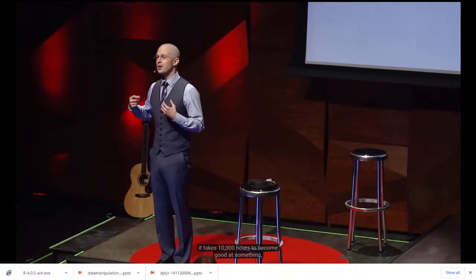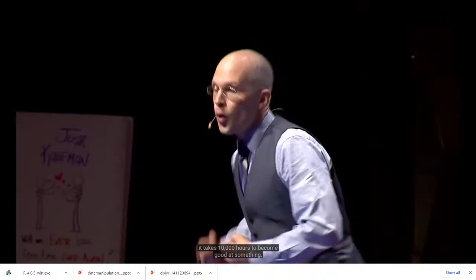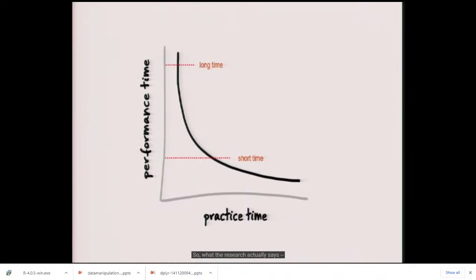Which became, it takes 10,000 hours to become good at something. Which became, it takes 10,000 hours to learn something. But that last statement, it takes 10,000 hours to learn something, it's not true. It's not true.